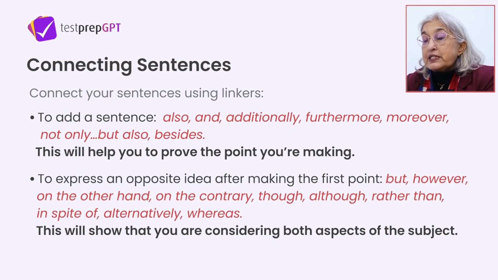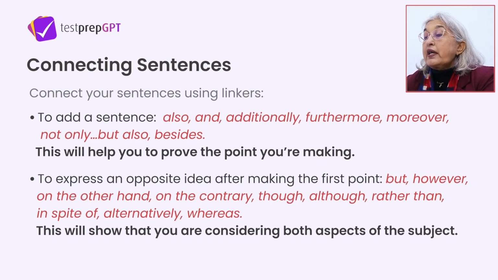And you will realize that all linkers cannot be used in all circumstances. You will have to think quite carefully. You will have to understand which linker is appropriate in that sentence. So this is something you will not perhaps be able to determine when you're actually speaking in the discussion in the test. This you have to prepare beforehand.